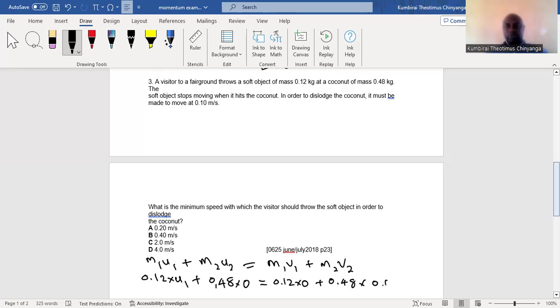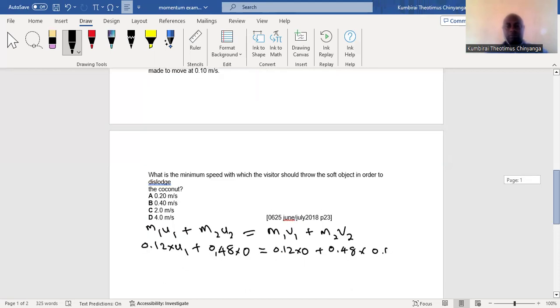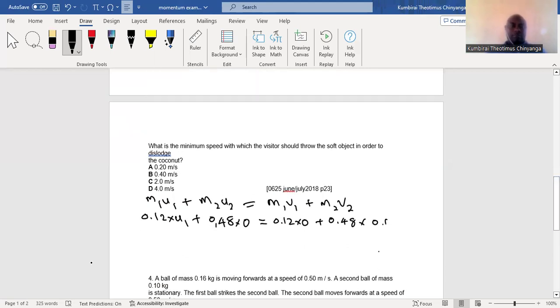Let's just create more space for working here. So this is 0.12 U1 equal to 0.048. And like I said, we solve. Our answer will be 0.4 if we use our calculators. So our option will be B.